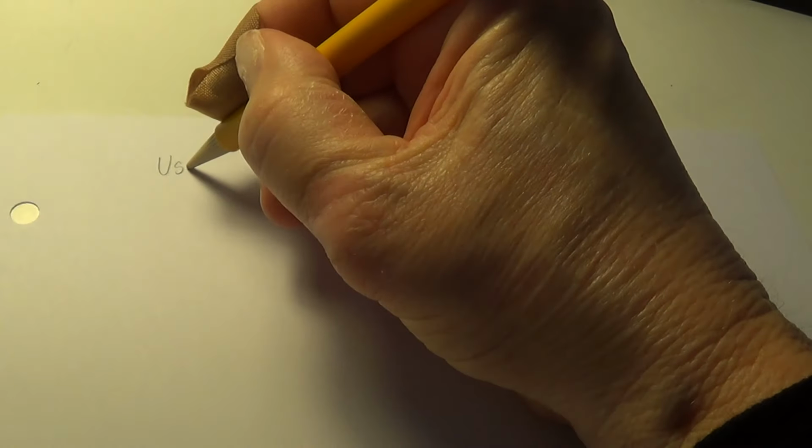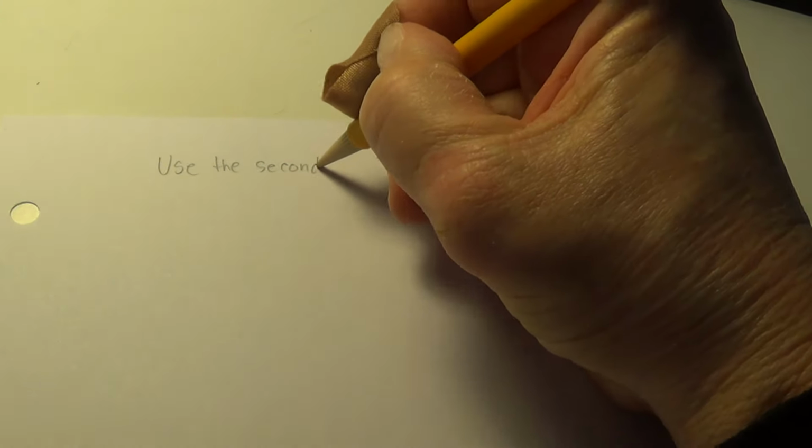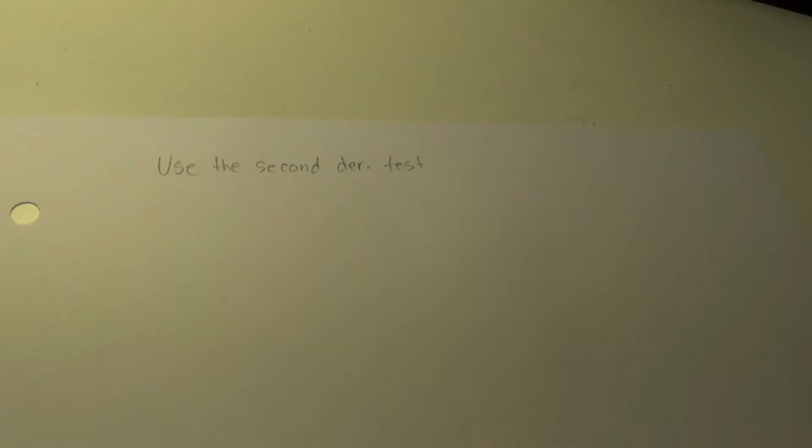All right, let's use the second derivative test, and we're even going to write that out. Use the second derivative test. And again, what do you think I'm going to say? What are we testing for when we have these creatures?